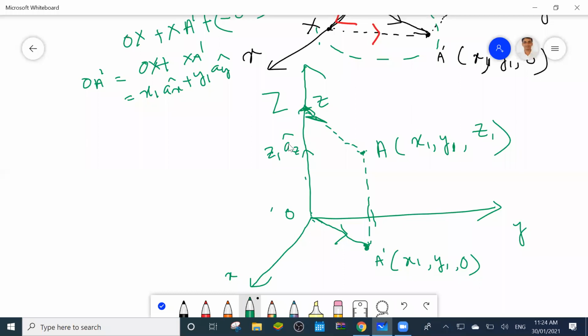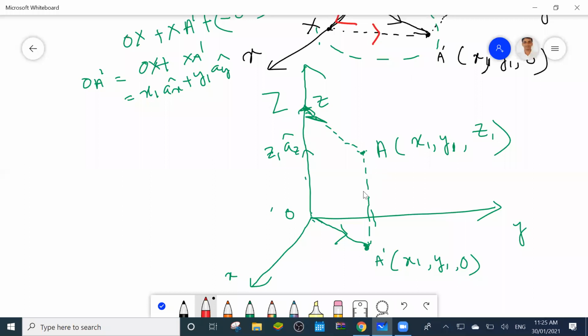Okay, 0 to this point on the Z axis, because the Z axis is perpendicular to the X and Y axes. So in this case, if OZ is Z1 AZ cap, then this is a parallelogram.